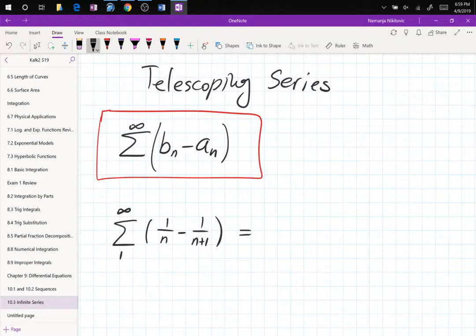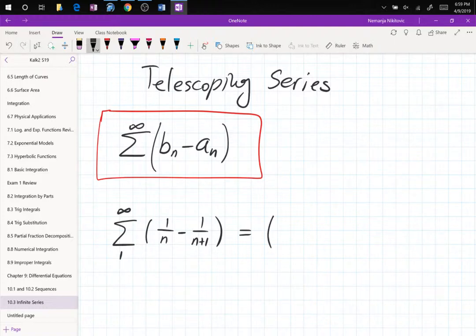I'm going to start writing these terms out and look at the pattern, and hopefully some stuff will work out. So let's see.